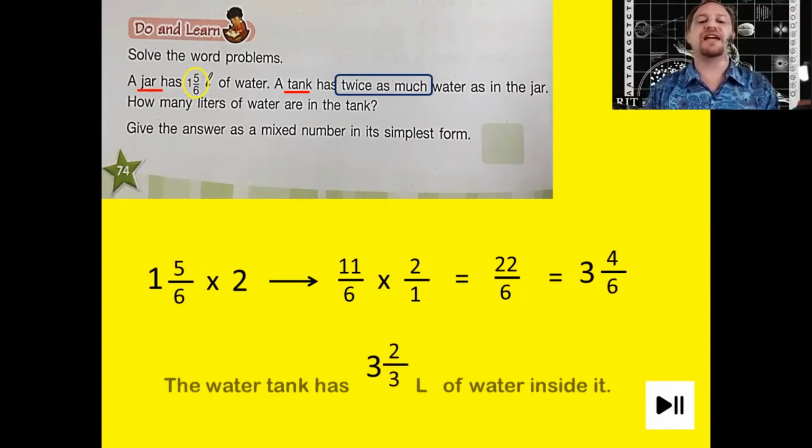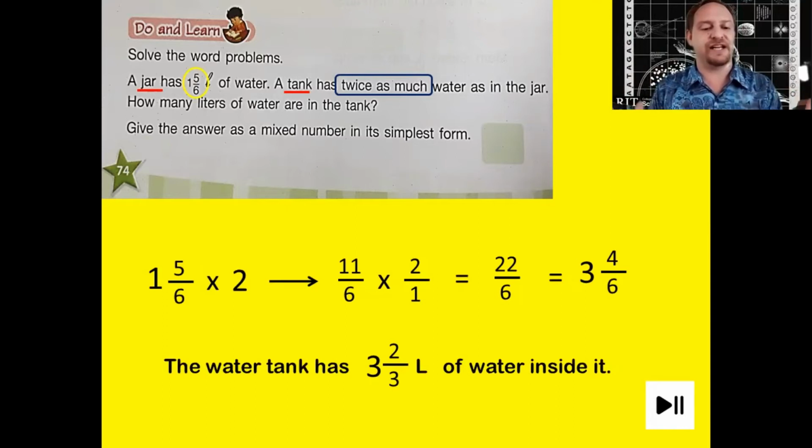If we were giving a sentence answer, it would read as follows. The water tank has 3 and 2/3 liters of water inside it. Okay, excellent. I hope most of you, if not everyone, pressed pause and you got this answer by yourself. If you did, excellent job, well done. Let's move on then. Okay.